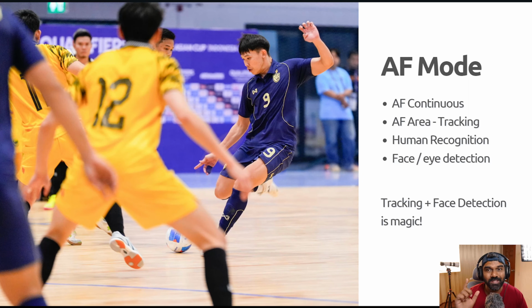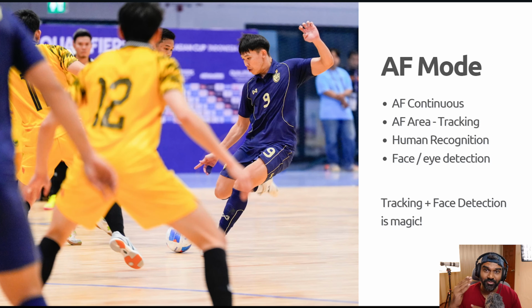So what happens during the tracking is, let's say you're putting the box on a specific player and you just hit the shutter halfway. The camera will first identify what it is. So it identifies the person.